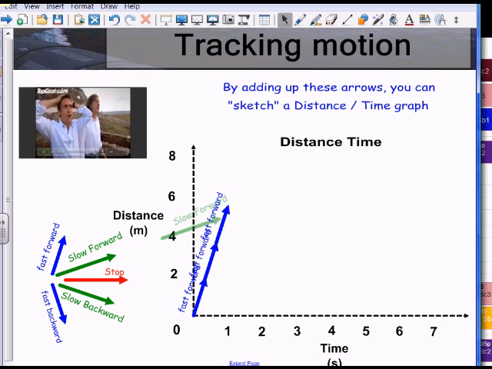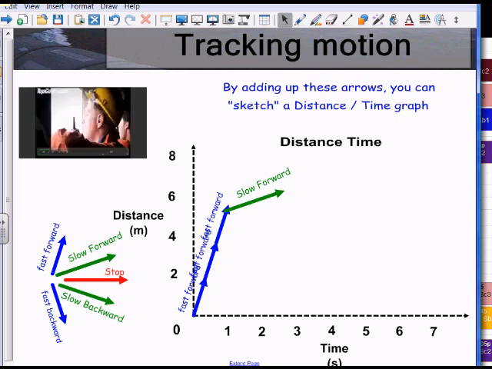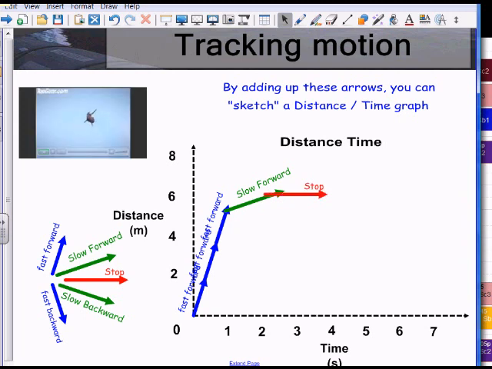Oh, not anymore. It's having trouble. Alright. I think it's stopped there. And it's heading down pretty fast.